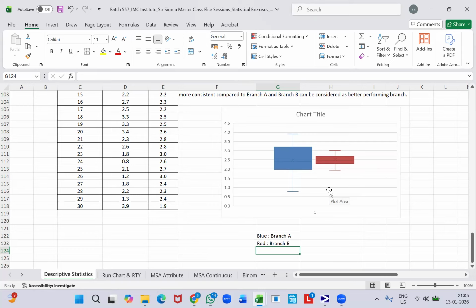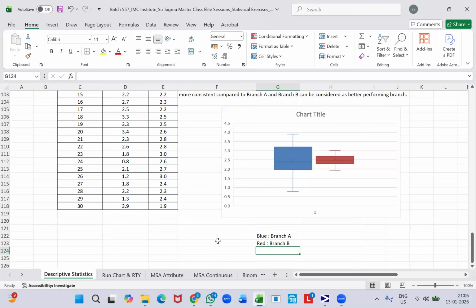When we place them side by side, we can clearly understand that branch B's box whisker plot length is significantly lesser compared to that of branch A, which would give you a clear-cut indication that the variation exhibited by branch B is comparatively lesser than branch A. That means branch B's performance is much more consistent compared to branch A, right? So this is another advantage that we get when we construct the box whisker plot.